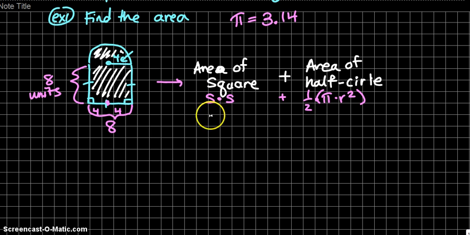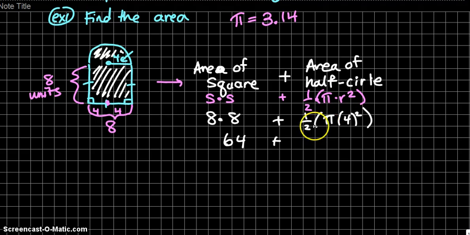So to find my area, I'm going to do 8 times 8. That's my square area. For my half circle area, the area of my circle is pi times the radius squared, and then I'll times it by 1/2. And notice, when you plug this into your calculator, we're not going to plug in the pi, we're going to plug in 3.14.